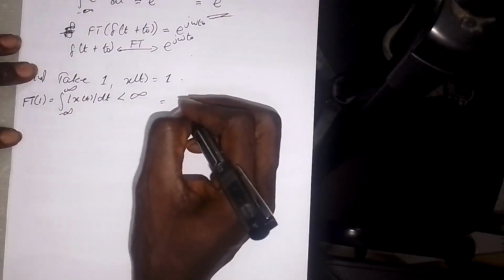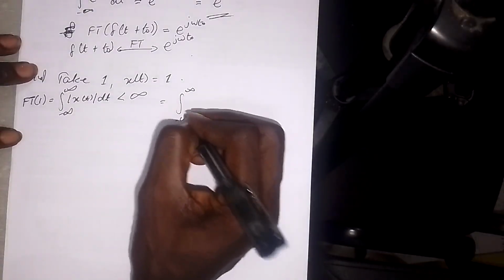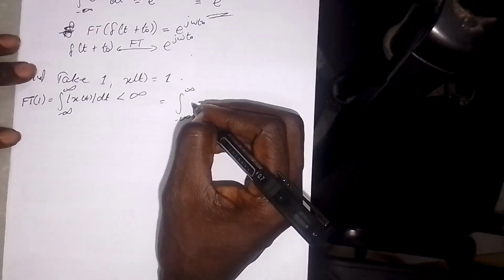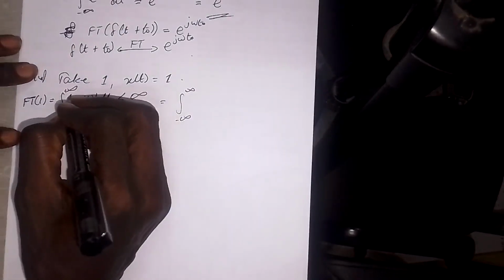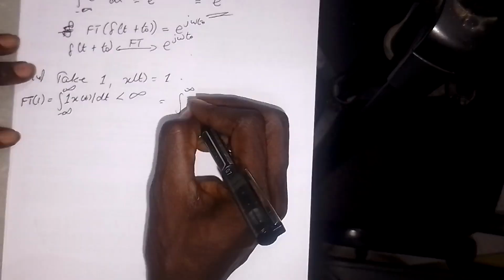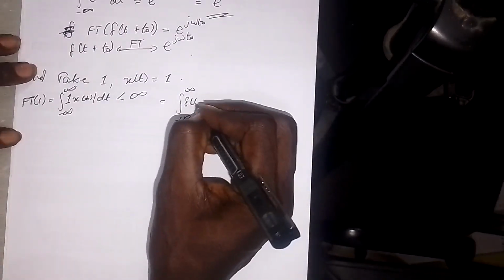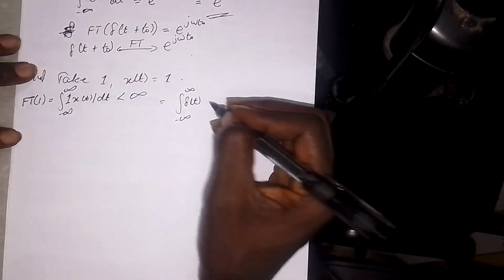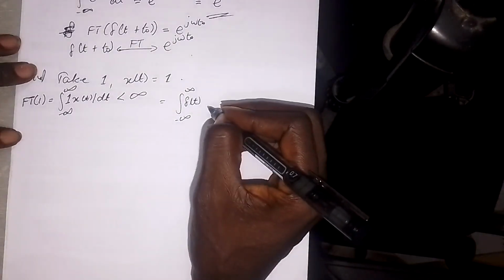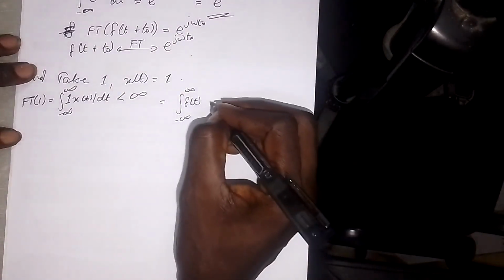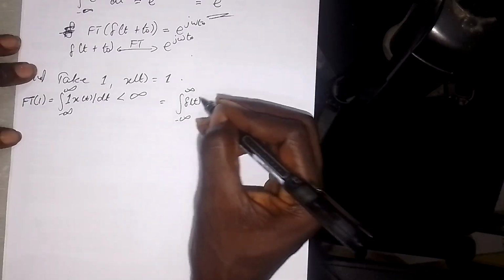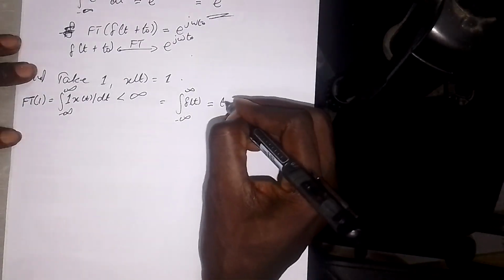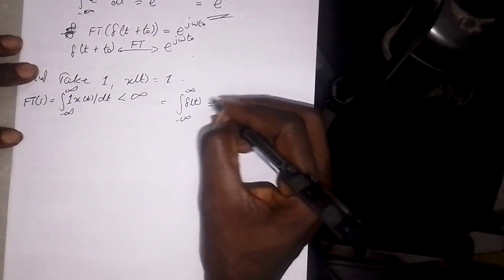So now from here, what we can say is that the limits are minus infinity to infinity. If the signal is 1, a constant amplitude, and I integrate, I'll have t.